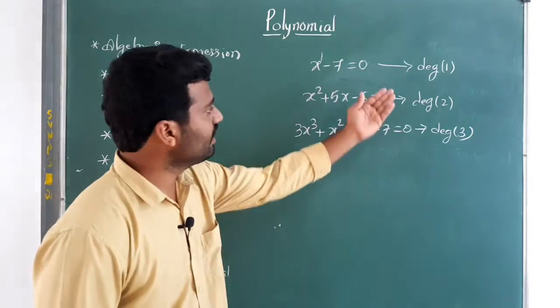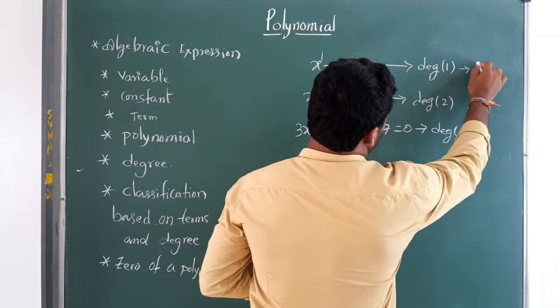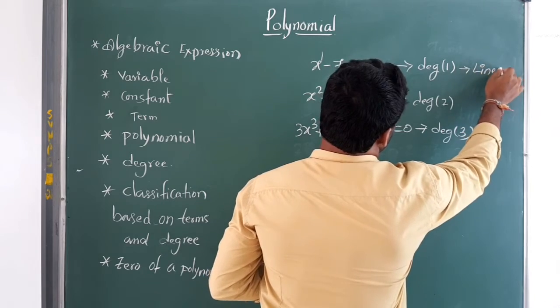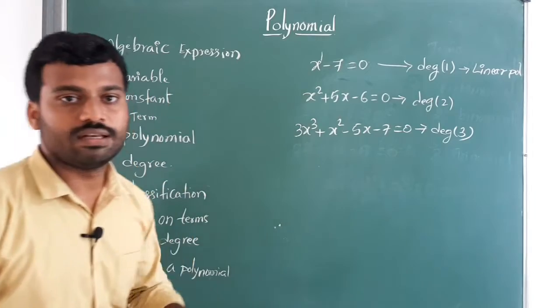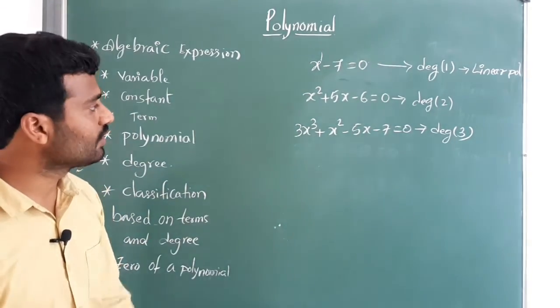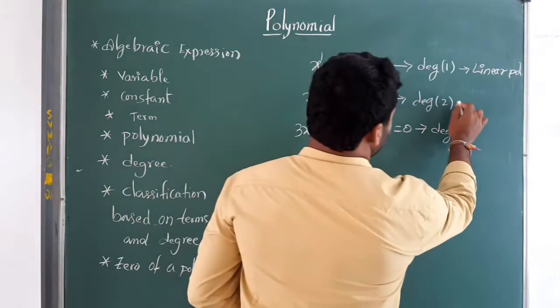Is it clear? Any polynomial of degree 1 is also a polynomial, but we have a separate name, that is linear. This is a linear polynomial. Clear or not?